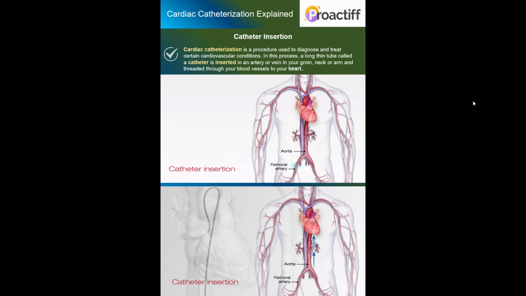This procedure is often used to diagnose and treat certain cardiovascular conditions. In this process, a long thin tube called a catheter is inserted into an artery or vein in your groin, neck or arm and then threaded through the blood vessel to the heart, and the visuals show this.